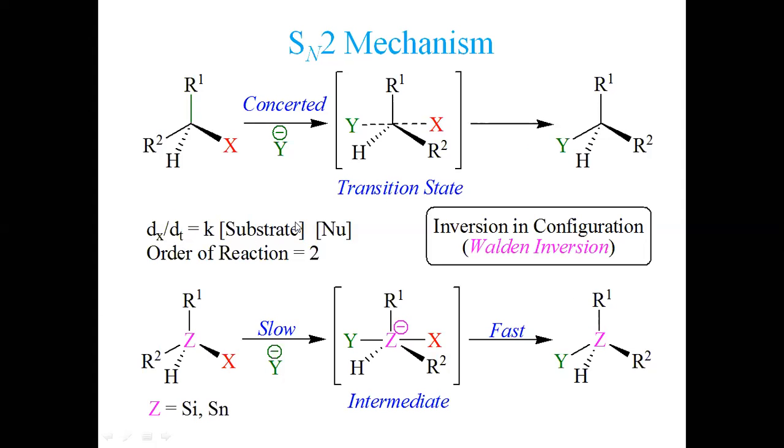So this is called the rate law for this reaction, SN2. In this case, we shall see systematically that with respect to substrate, this is first order or second order, and with respect to nucleophile, this is first order or second order or zero order in both cases.